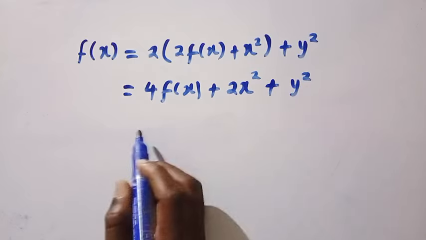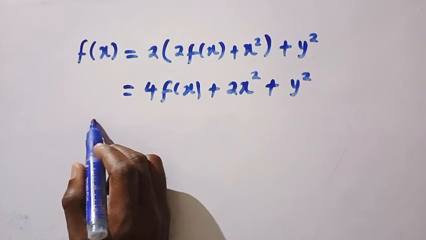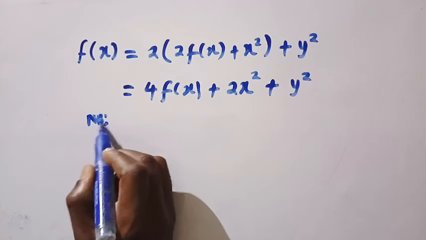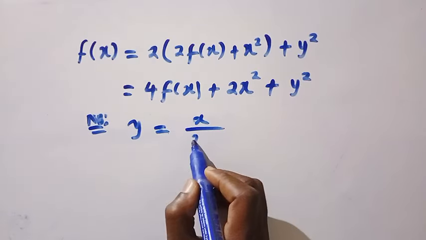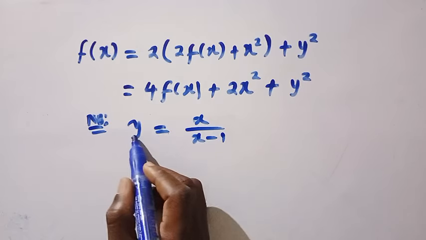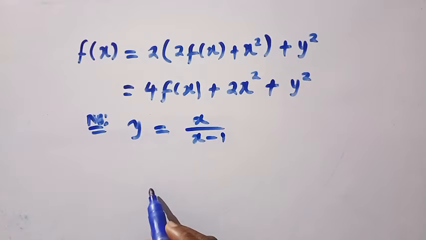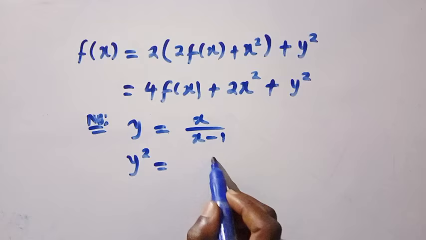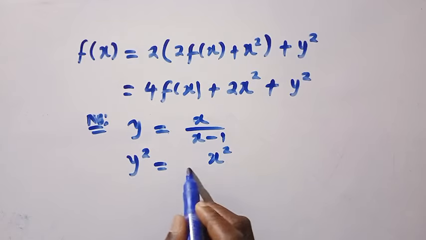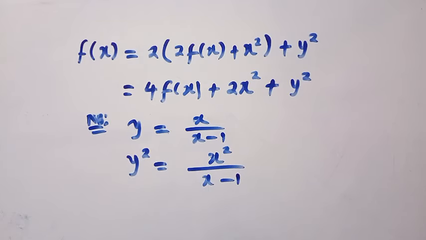And note that the y here is given as x divided by x minus 1, which is also the same thing as t of x. Then for y squared, we have it as x squared over x minus 1 all squared.